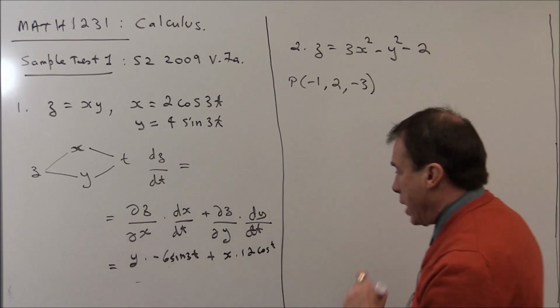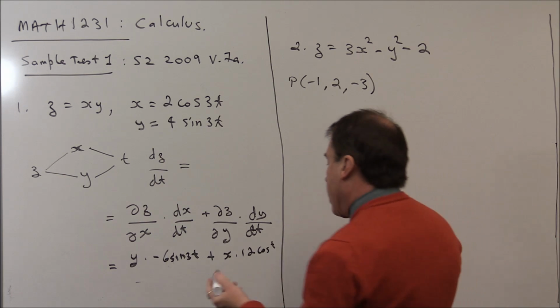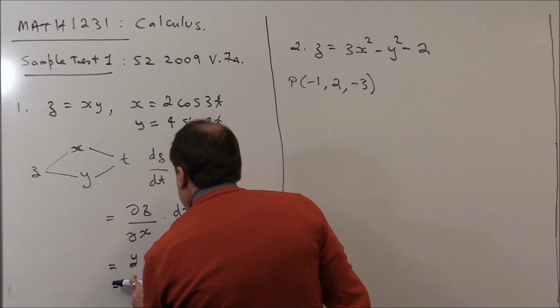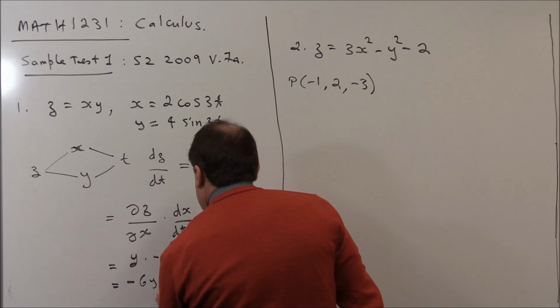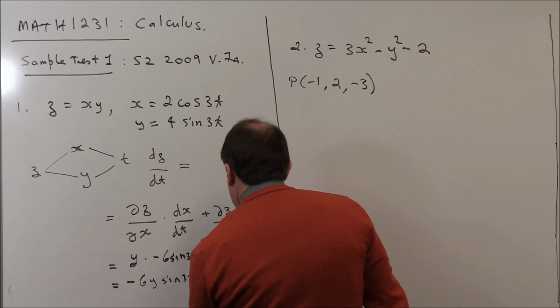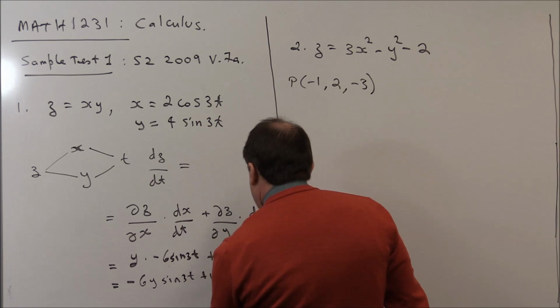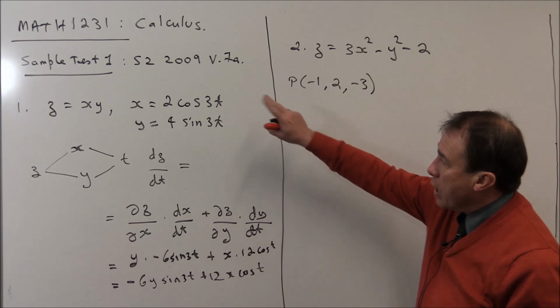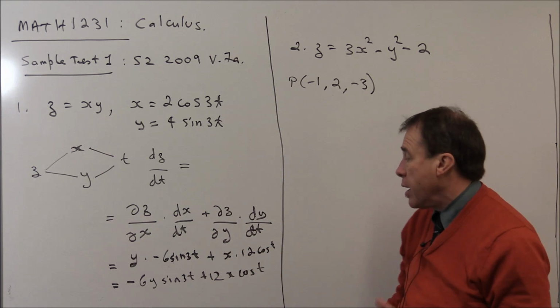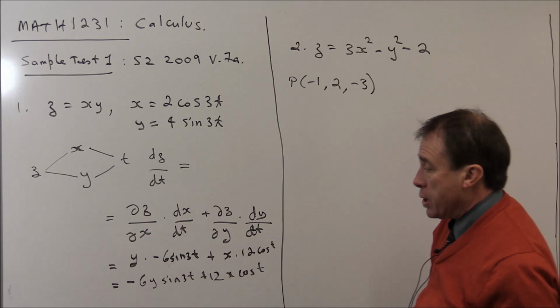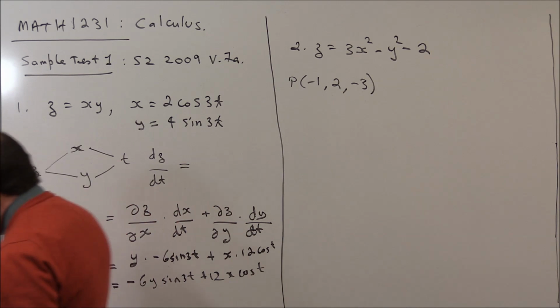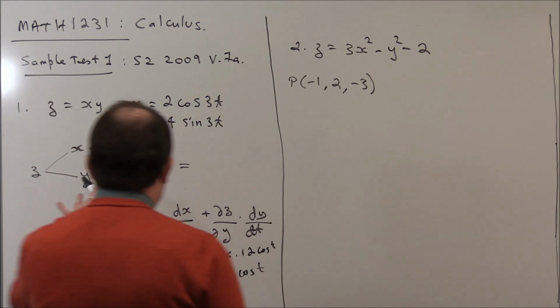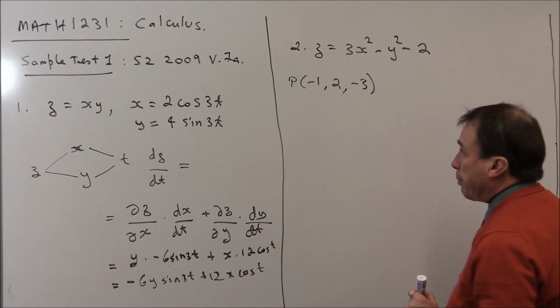And I suppose I could technically leave it like that. I might tidy up with this minus here a little bit. So that's minus 6y sine 3t plus 12x cos 3t. If you wanted to, you could replace the x and the y now by these and simplify. That's okay, but we were just asked for the derivative, and it didn't say in what form, and so I have calculated that using the chain rule.